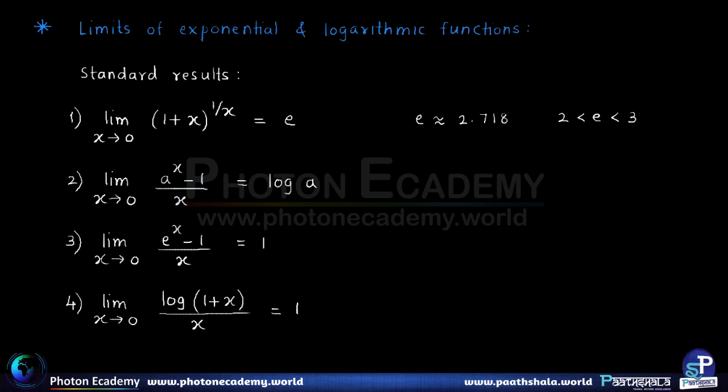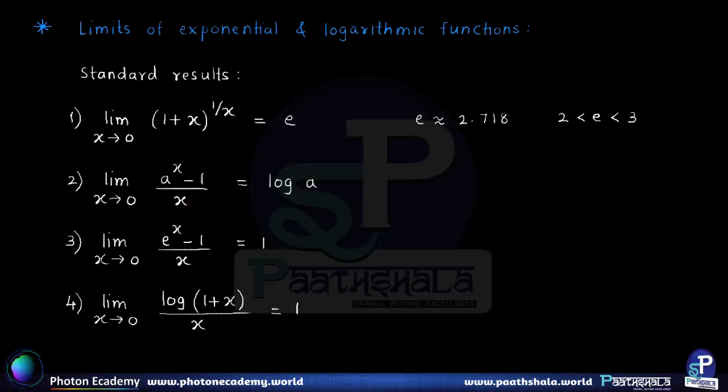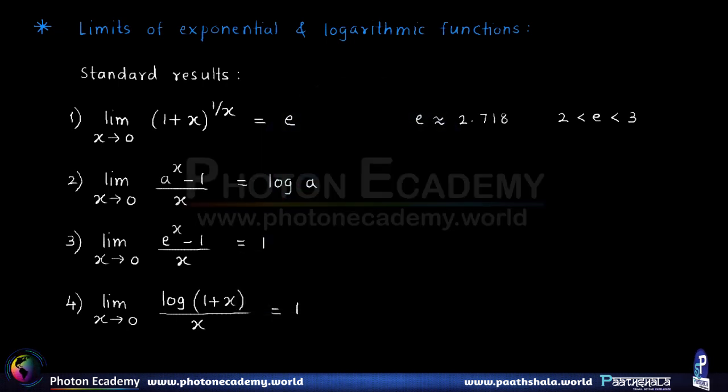Now the second limit is limit of (a raised to x minus 1) whole upon x as x tends to 0 is log a. So here also log is with the base e. Now the special case of the second is the formula number three.